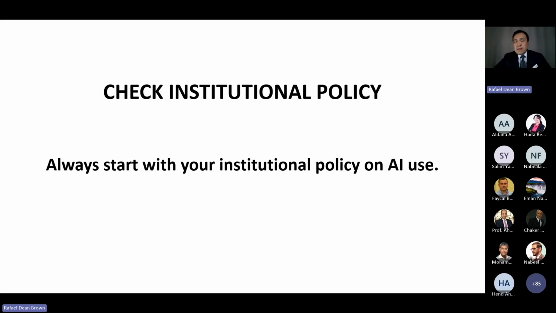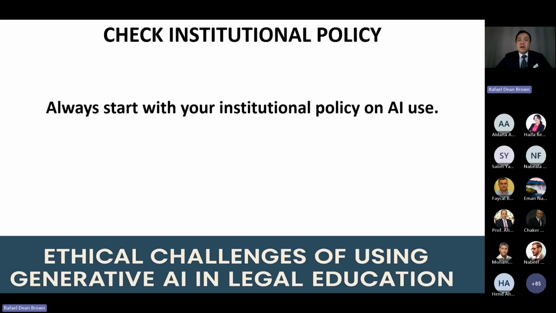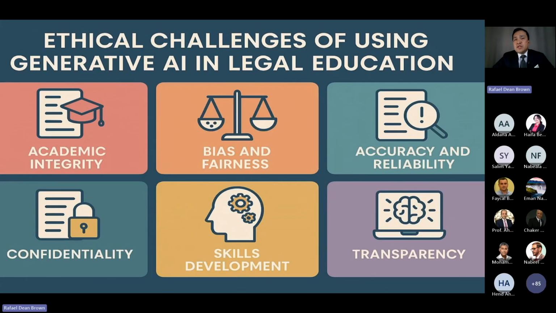At QU, for example, we have a very initial guideline that was sent to us via email, but it really covered only student use of AI and how that constitutes plagiarism. It hasn't really covered what we as educators can do in creating our own classes, but I suspect they're working on that policy now at QU, and they will come out with it soon. But certainly check your institutional policy beforehand.